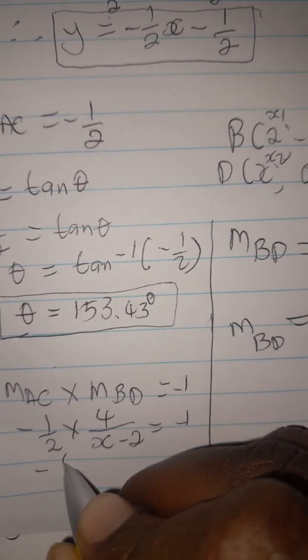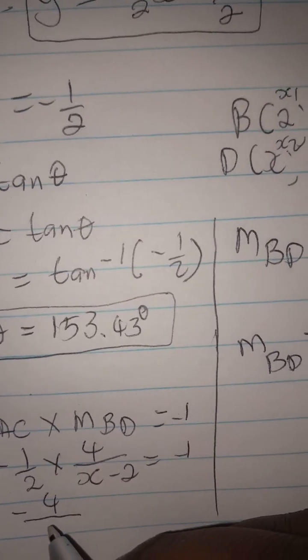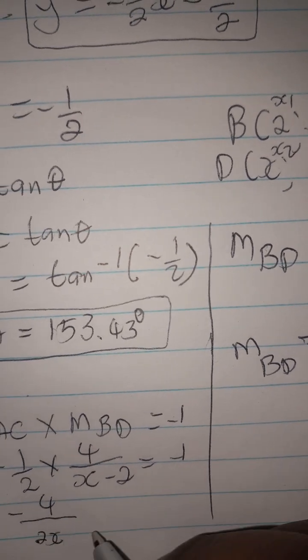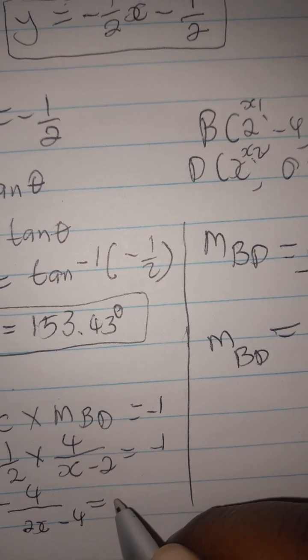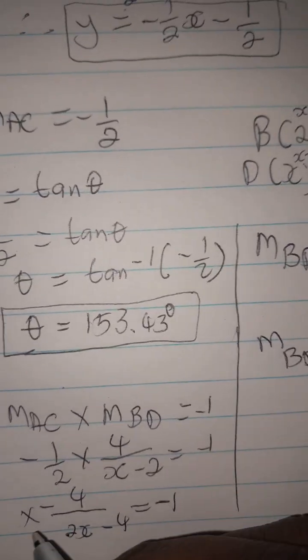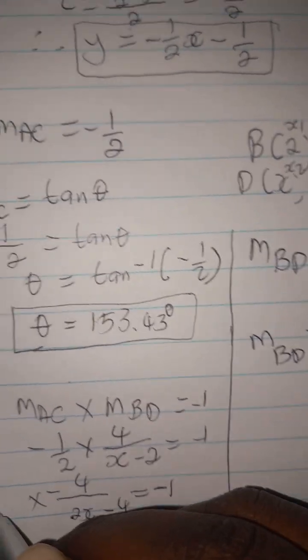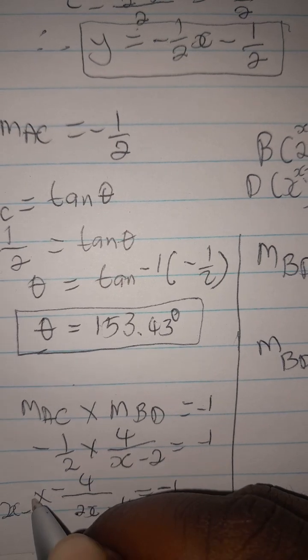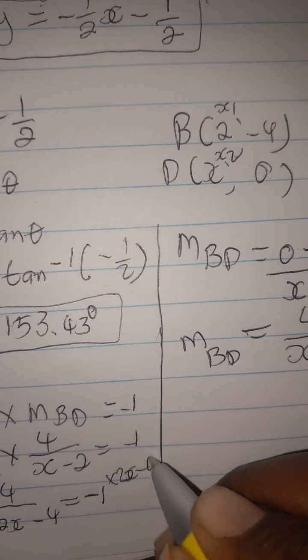-1 times 4, that's -4. 2 times x, that will be 2x. 2 times -2 is going to be -4, which equals -1. So we can multiply everything by 2x minus 4. Similarly, this side, 2x minus 4.